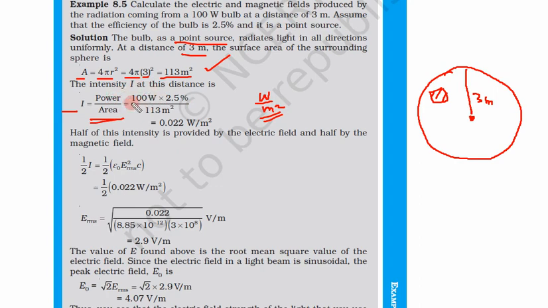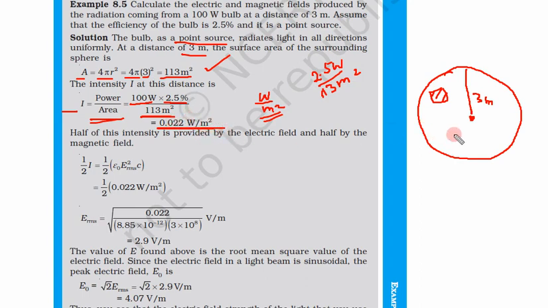So let us calculate. The bulb power is 100 watt but its efficiency is only 2.5%. That means only 2.5 watt of that 100 watt is converting into light. And the area we have calculated is 113 meter square. So let us divide this. When we calculate, we get an intensity of 0.022 watt per meter square.